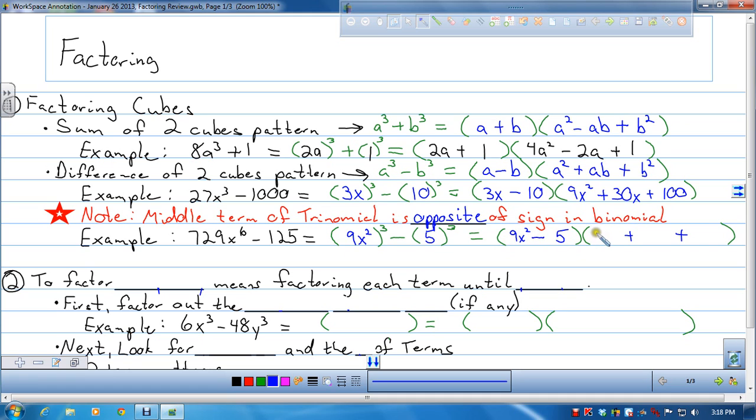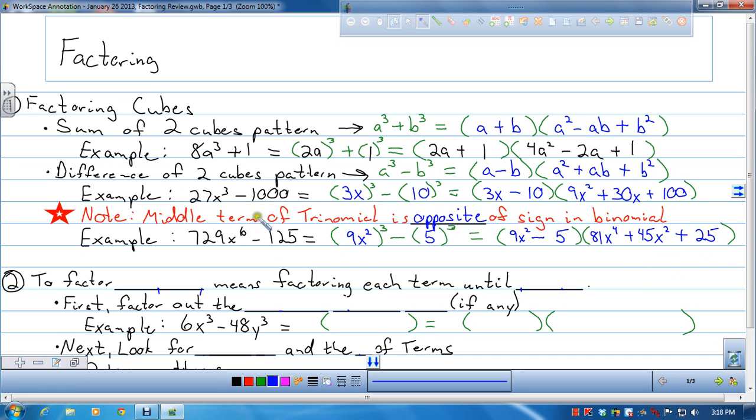So when I square the 9, I'd have 81. When I square an x squared, I'd have x to the 4th power. Now when I multiply those two together, I'd end up with plus 45x squared, and I square this, plus 25.